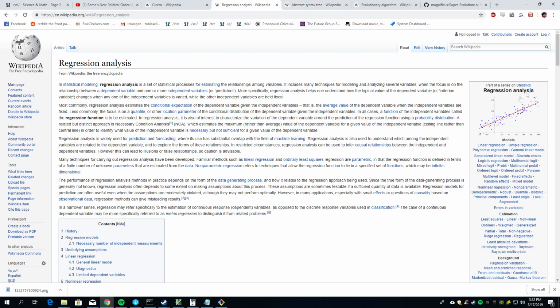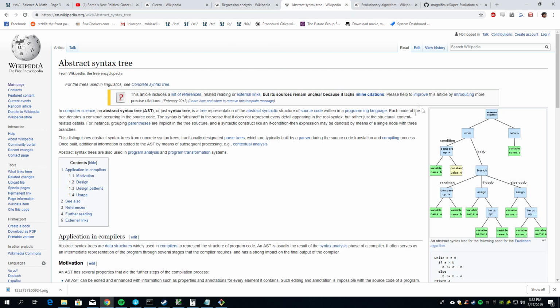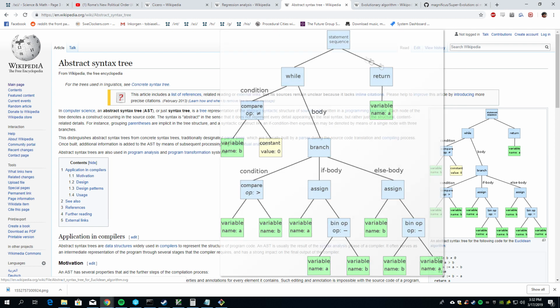It doesn't have to be limited to linear regression or anything like that, because we generate these abstract syntax trees in our program, and they are very flexible in terms of expression.